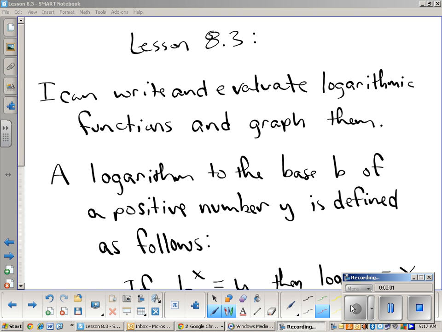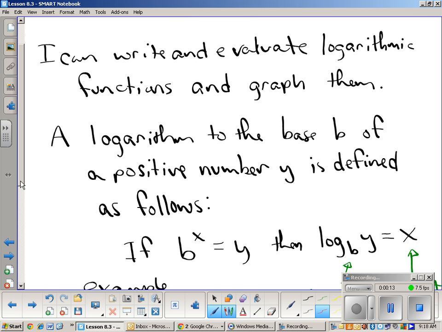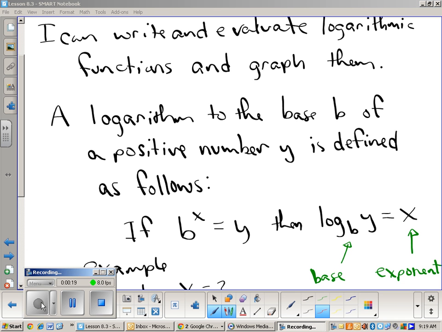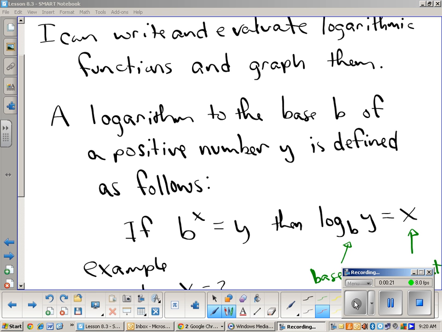In A3, I can write and evaluate logarithmic functions and graph them. A logarithm to the base b of a positive number y is defined as follows. This is what we consider the exponential form.